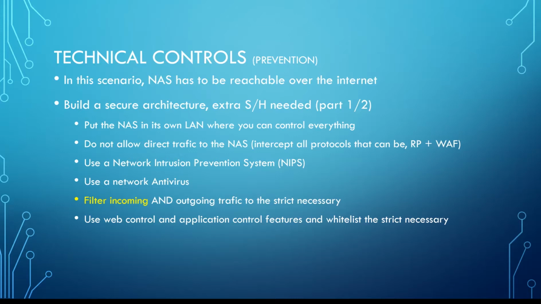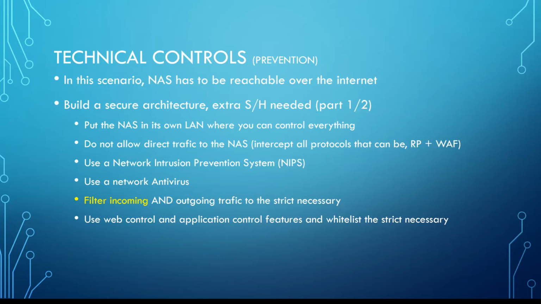In order to build a secure architecture, you can watch my video on the architecture comparison, but in essence, you should put your NAS in its own LAN where you can control everything that is going in and out of this network. You should not allow direct traffic to the NAS.